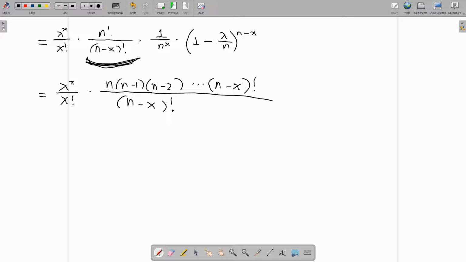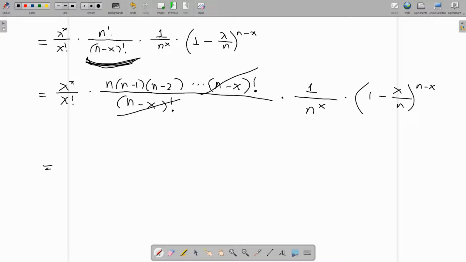So we need the factorial symbol here. Then let us write the rest of the expression. So we can now cancel out n minus x factorial.